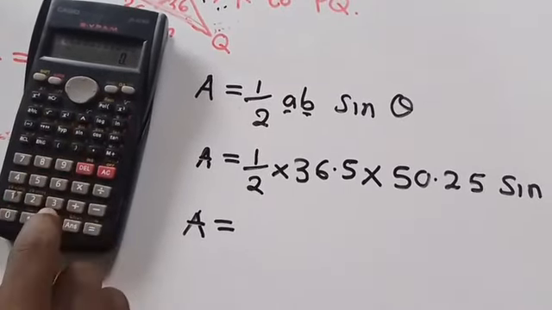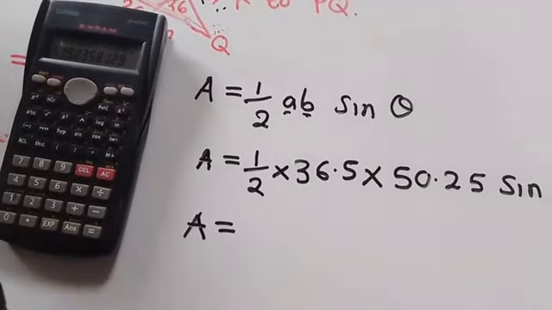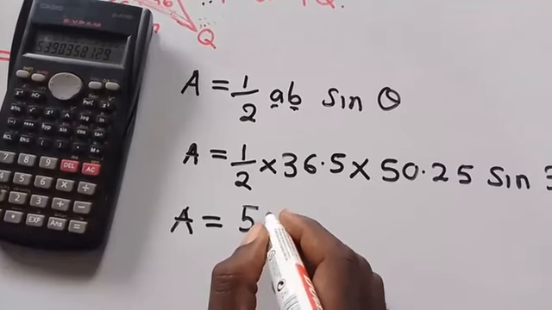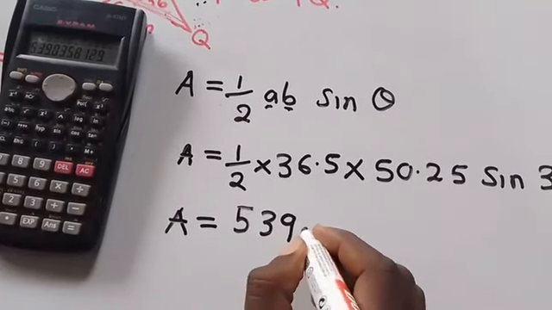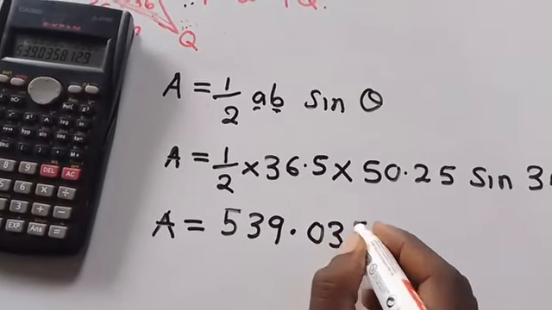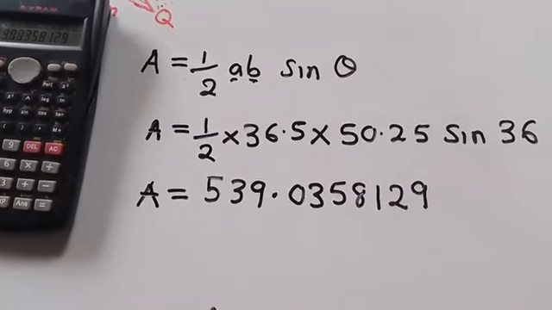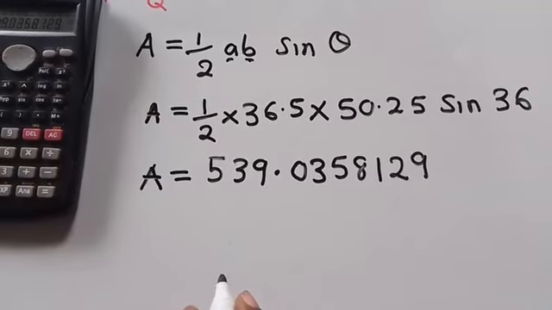Then sine 36. What is my answer? My answer is coming out as 539.035812, like this.